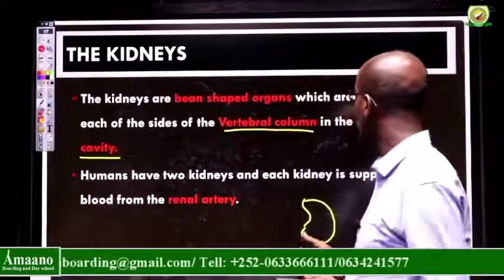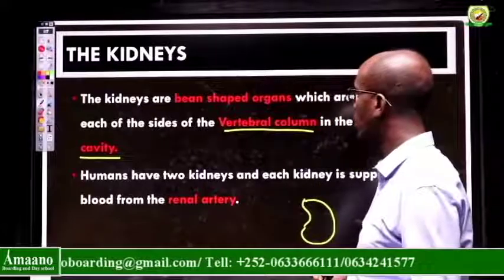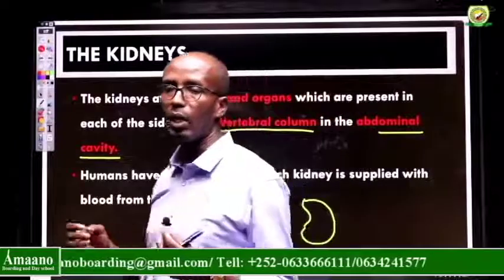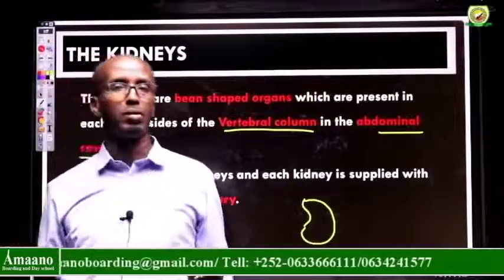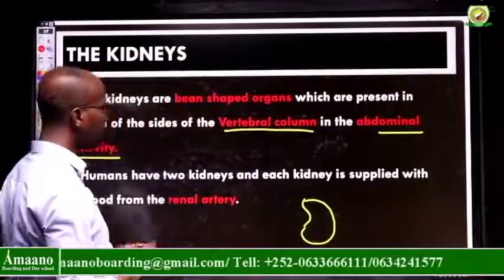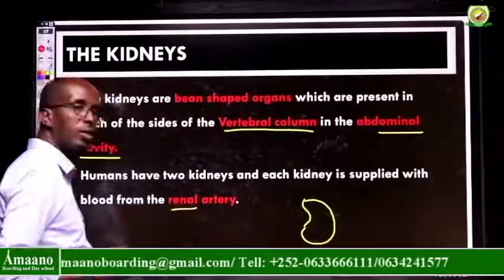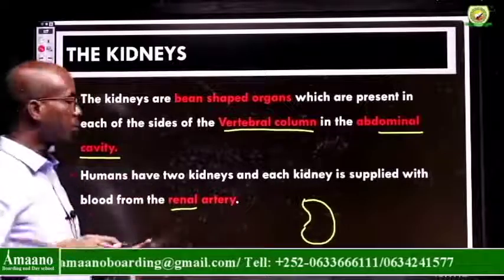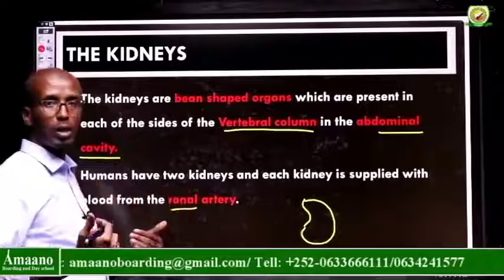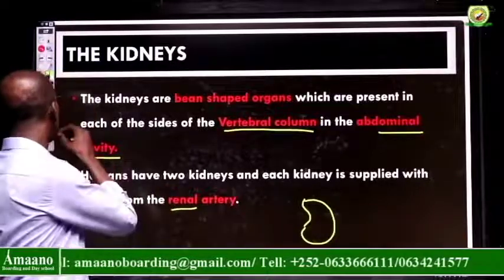Each kidney is supplied with blood from a blood vessel called the renal artery. Renal means kidney. It supplies blood to the kidneys, and it branches off from the aorta, the main blood vessel.